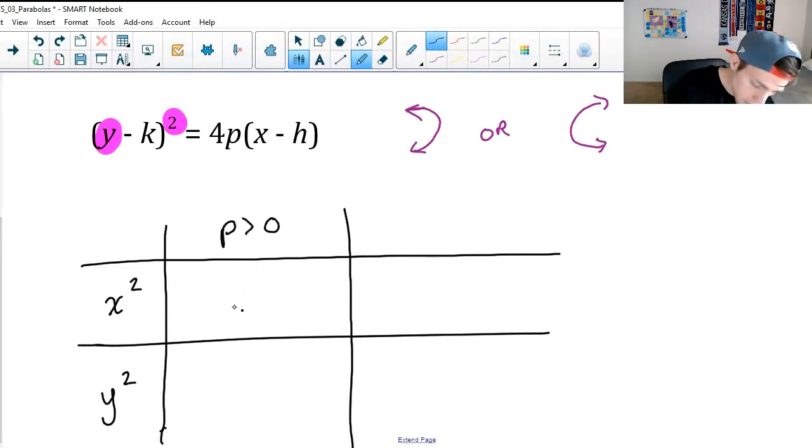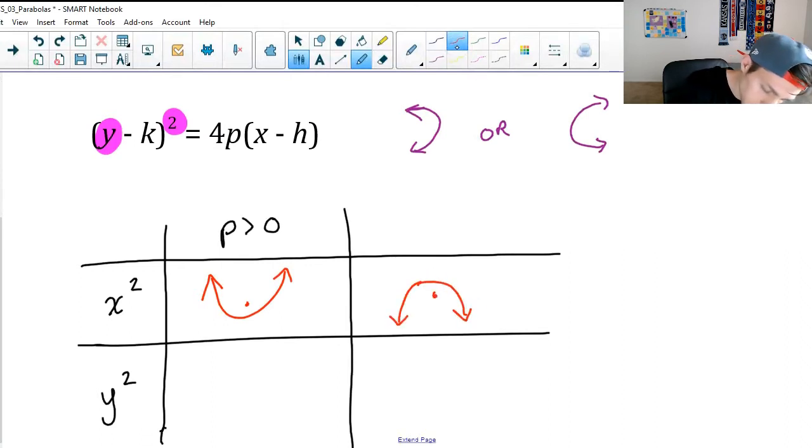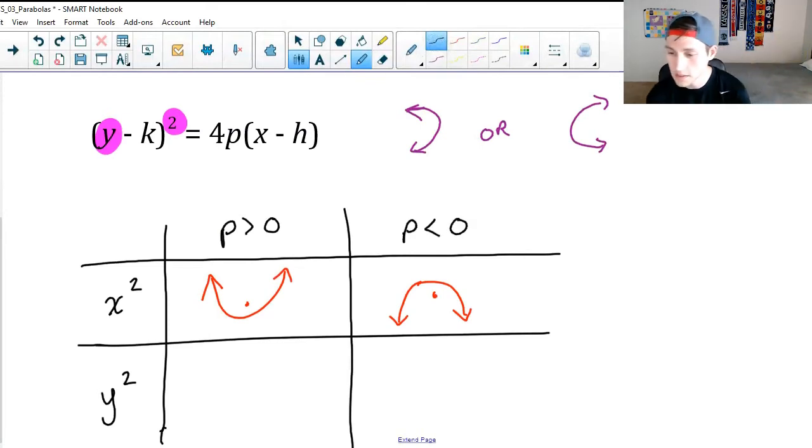So if that p value is positive, then it'll be going up, concave up. Right, and there's my little focus. However, if the value of p is negative, then it'll be facing down. Pretty similar for left and right.